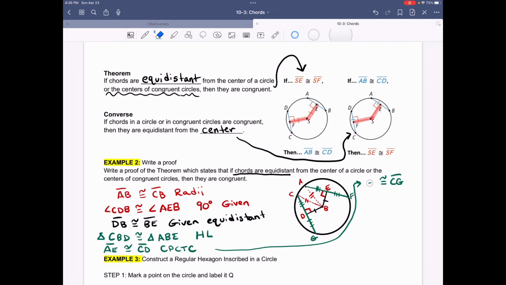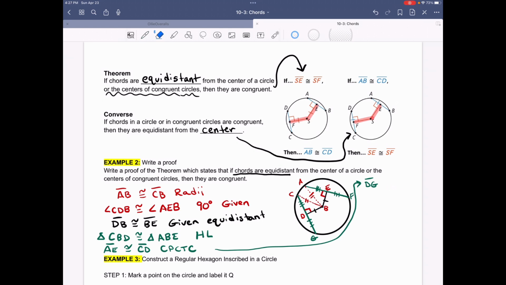No, it's not. We're going to have to say that part. So we're going to say that DG is congruent to EF because of the perpendicular bisector.